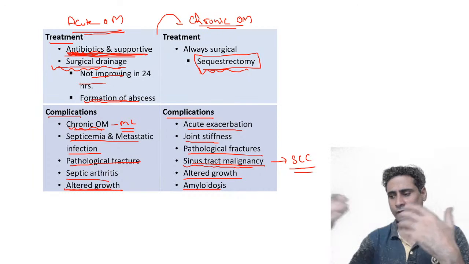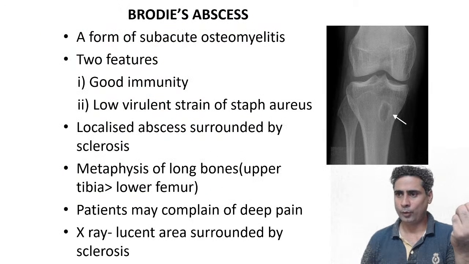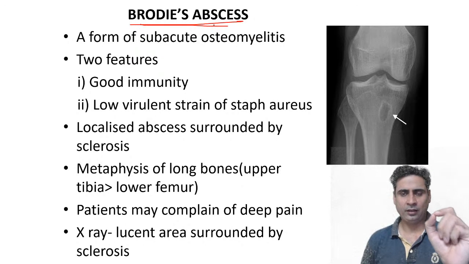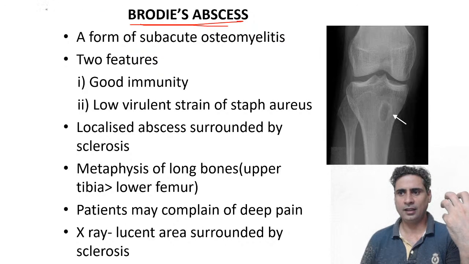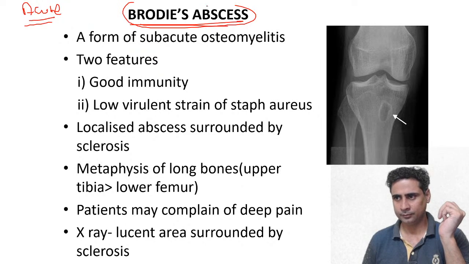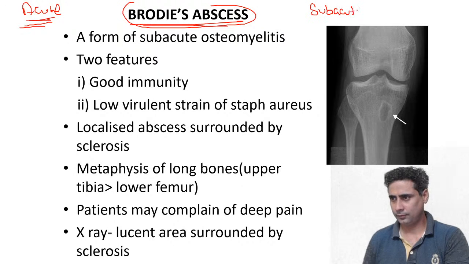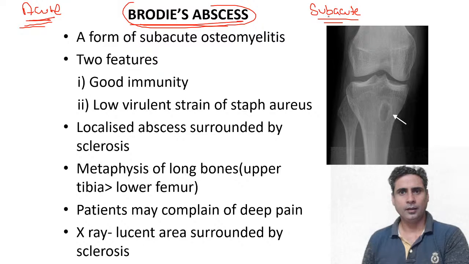Now we will see a different pattern of osteomyelitis known as Brodie's abscess. We have discussed that as soon as there is infection by pyogenic organism, the onset of disease is acute. But in this typical case, the onset is not acute, rather it is subacute.